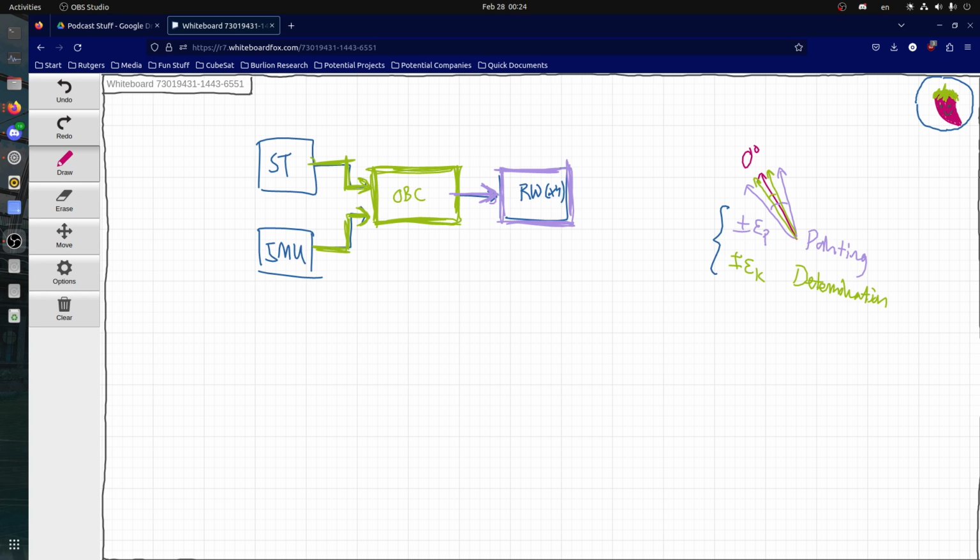A question I had real quick is it's important for us to determine our pointing while we're communicating, right? While we're pointing at the ground station. While we're doing that, how does the star tracker work if the star tracker is also pointed at the Earth? Ah, I'm so glad you asked.